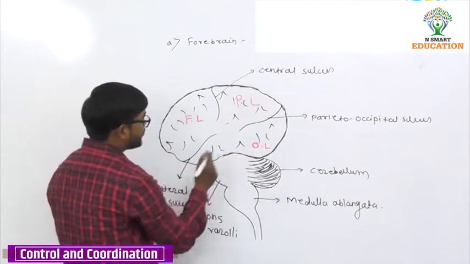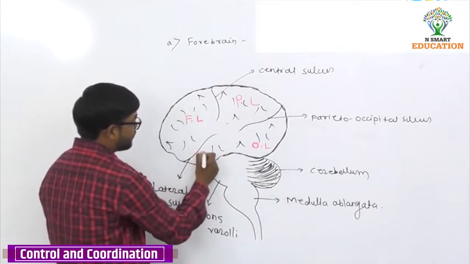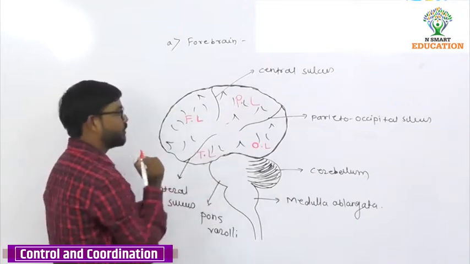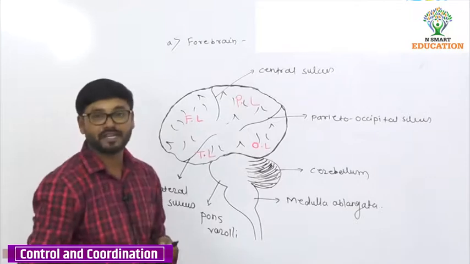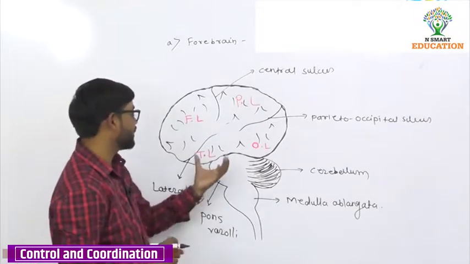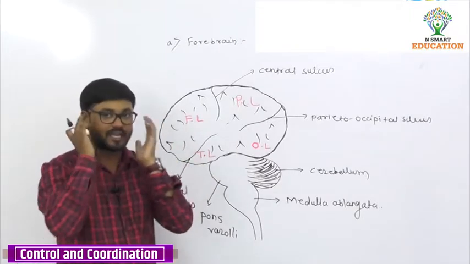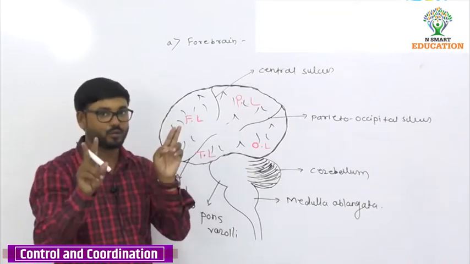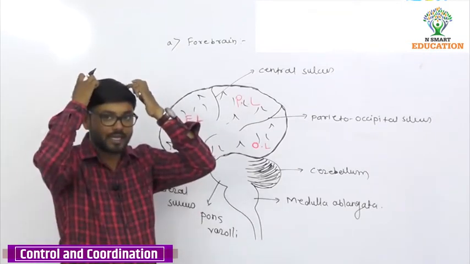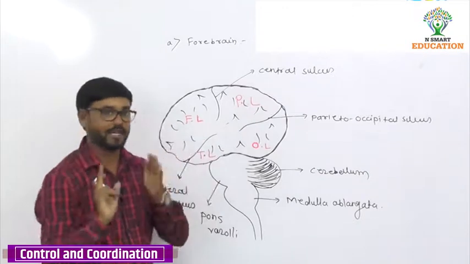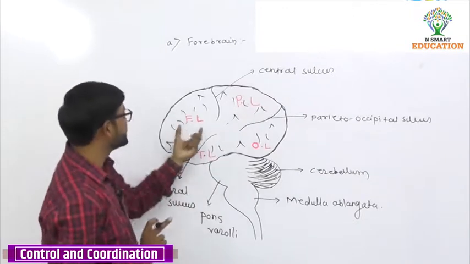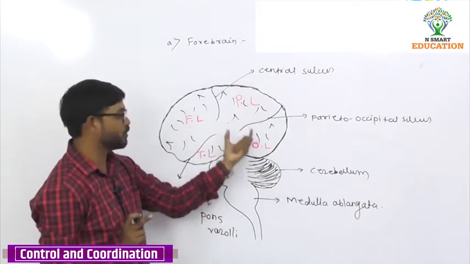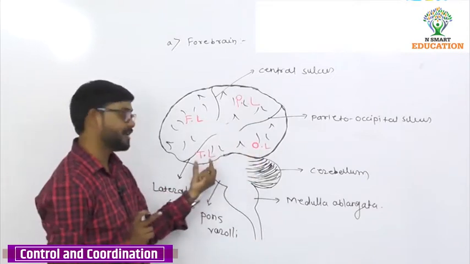This lobe is called the temporal lobe. So there are four lobes in the brain. The temporal lobes come on both sides, so there is a pair: two temporal lobes and two parietal lobes, while frontal and occipital come one each. So this is the location of the frontal, parietal, occipital and temporal lobes.